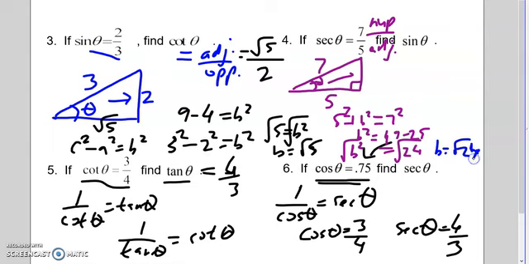And if I take out one of my squares, then that is the square root of 4 times the square root of 6, or 2 times the square root of 6. Okay, so now I can write the sine, which is the opposite over the hypotenuse, which is 2 times the square root of 6 over 7.